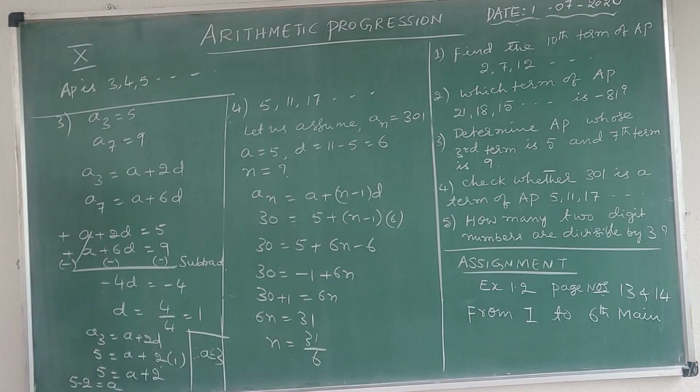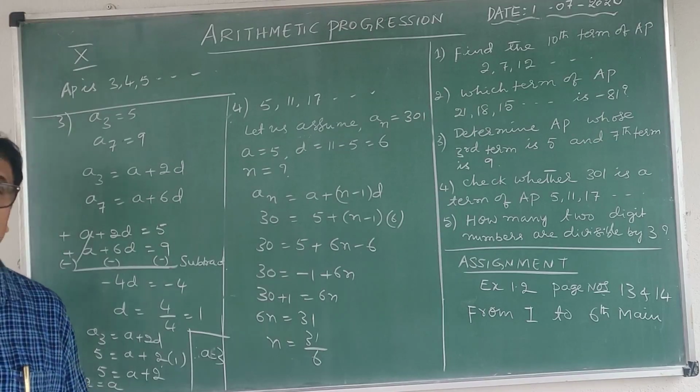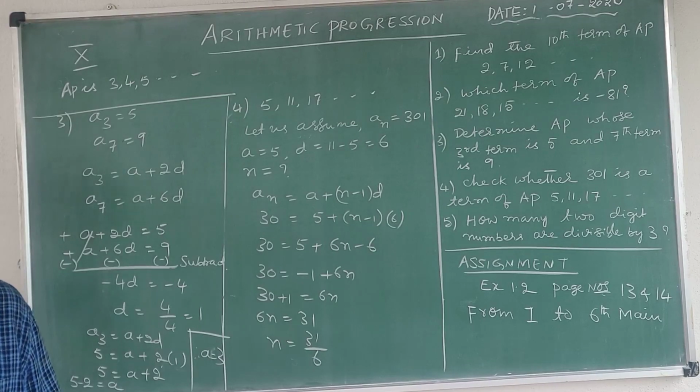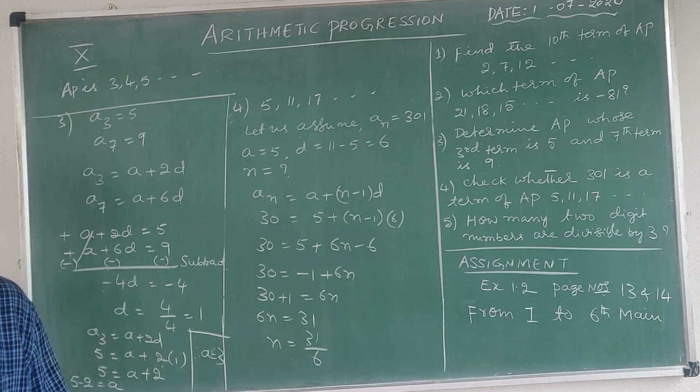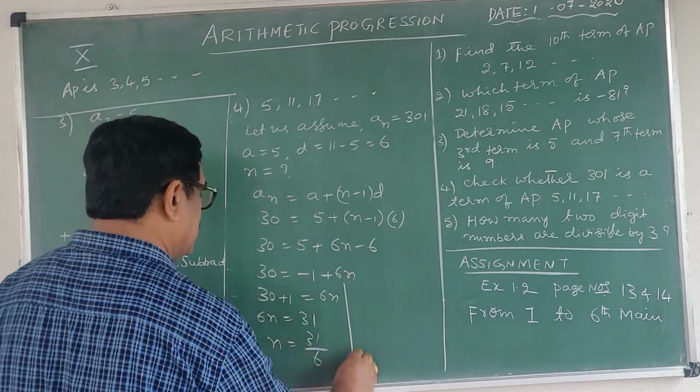Do you get the value of n as a whole number? I remember having told you very clearly, repeatedly, that n is the number of terms. Therefore, it cannot be negative, it cannot be a fraction. It has to be a whole number, or you can say a natural number.